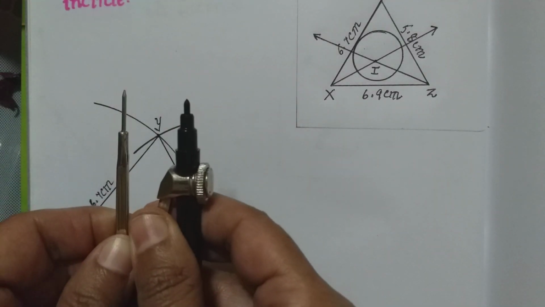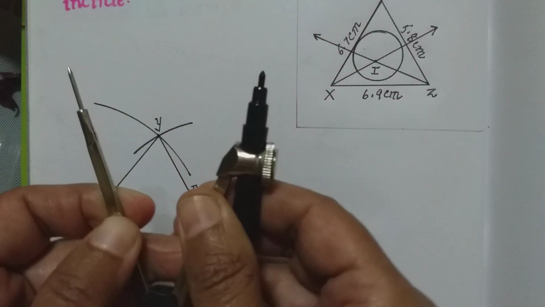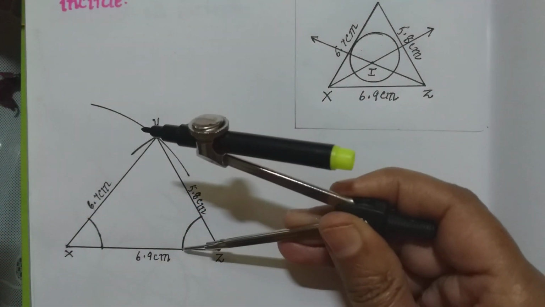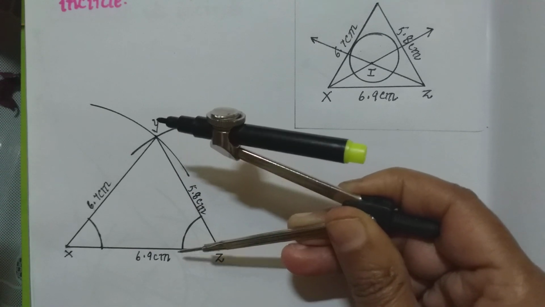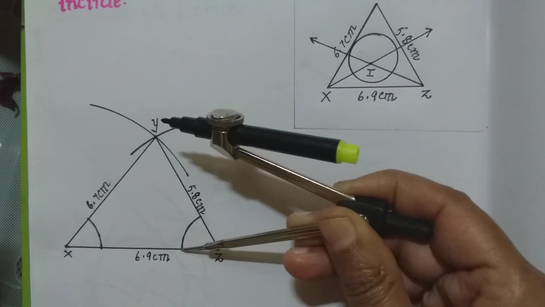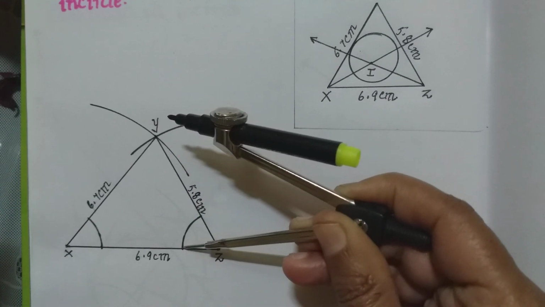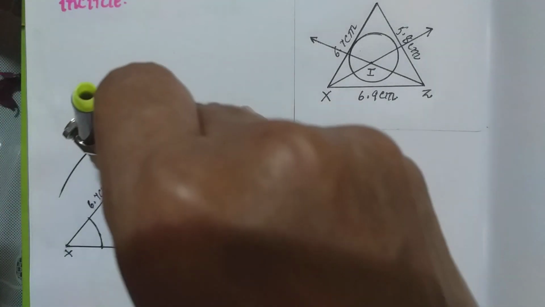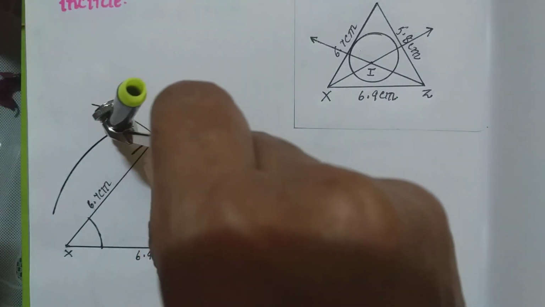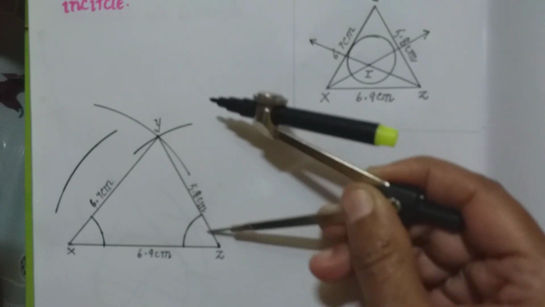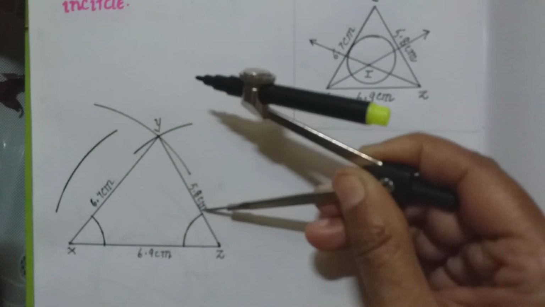Now I can change the radius and move on to a convenient radius, and with this point as center, which is this point where this part of the circle is touching one arm of angle Z, I draw an arc, and now where this part of the circle is touching the other arm, I cut this arc.